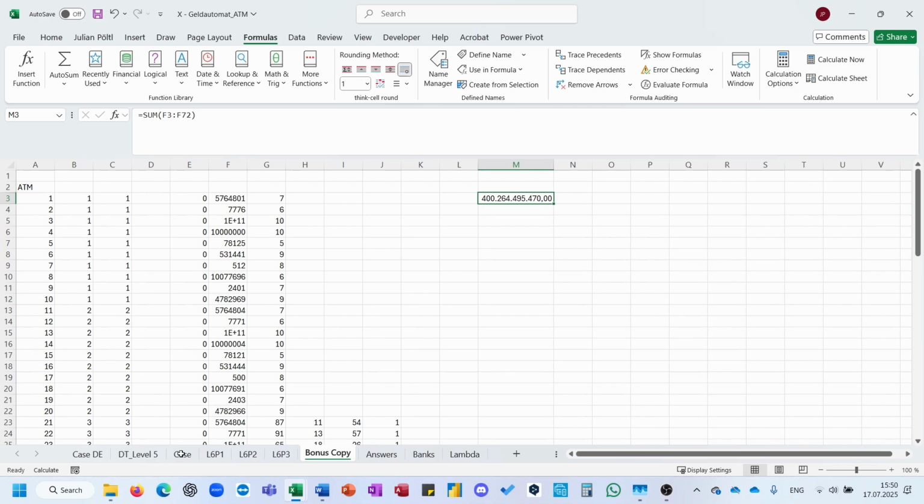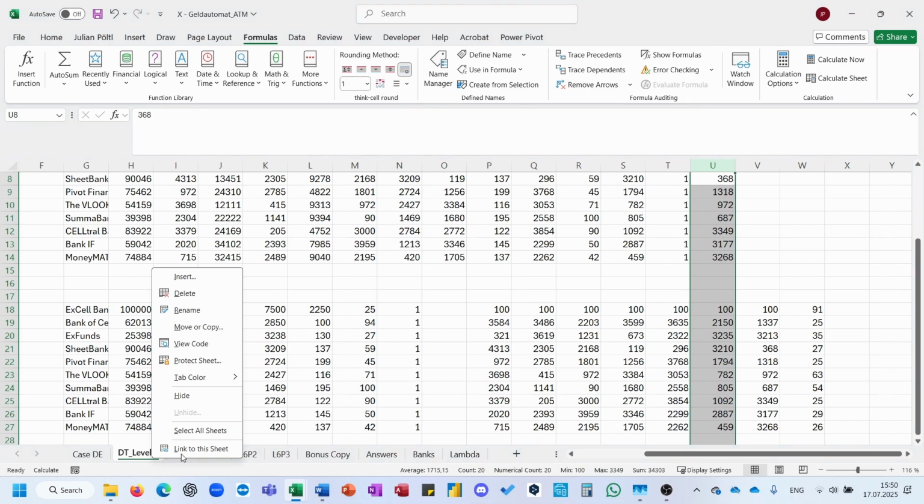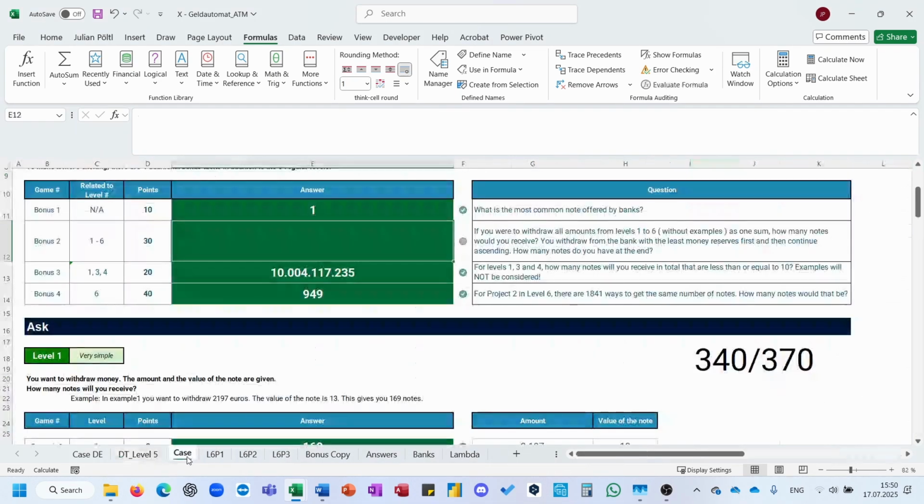How can I get this sum to my bank account? Just asking. In one go, you withdraw from the bank with the least money reserves and then continue ascending.